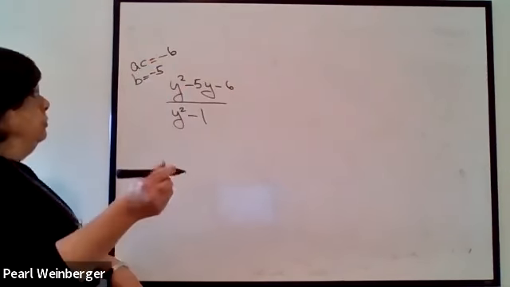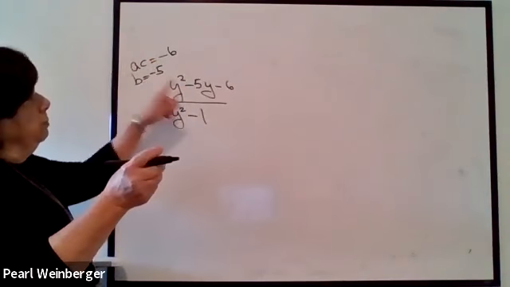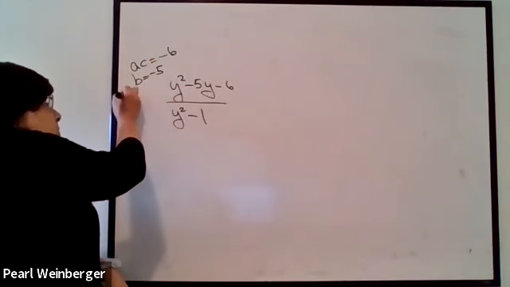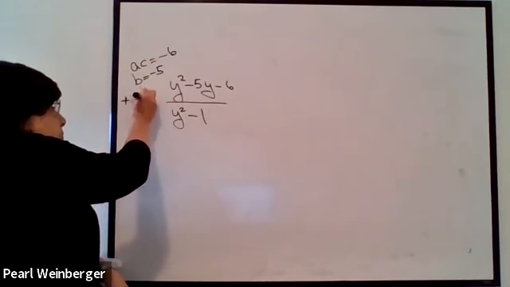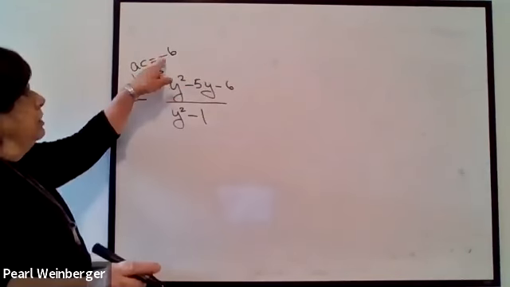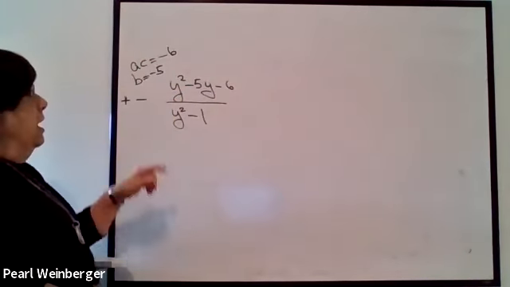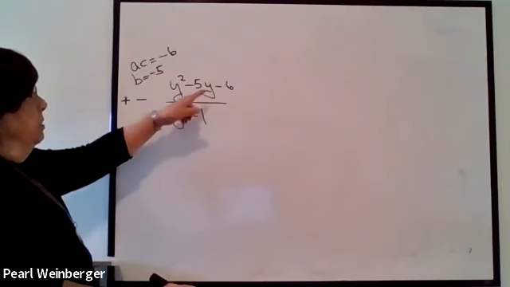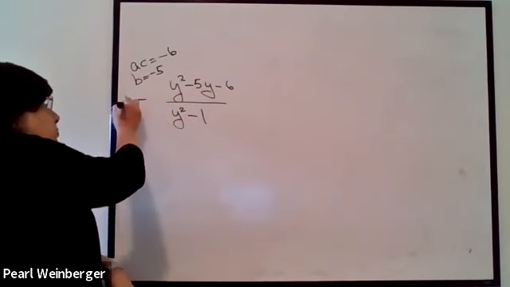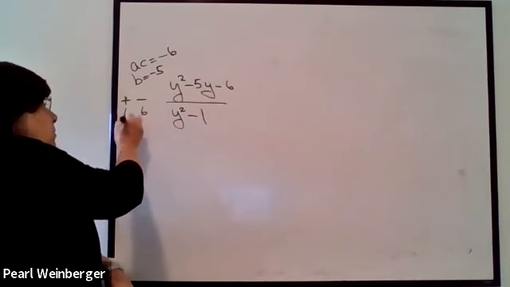So you're looking for 2 numbers that are going to multiply to -6, which means one's going to have to be positive and one's going to have to be negative in order to get a negative answer. And the numbers that multiply to 6 are either 1 and 6 or 2 and 3.